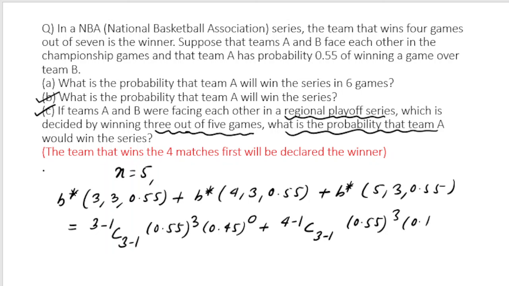How many failures? Total 4 minus 3, that is 1 failure. And then the last one is 5 minus 1 C 3 minus 1, and then what is the probability of success? 0.55 to the power 3, and what is the probability of failure? 0.45 to the power 2. So you do this calculation and let me know in the comment section what value you are getting.